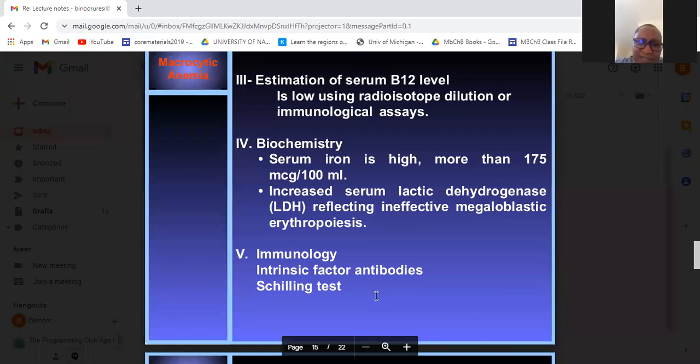Then you do other tests: B12 levels, folate levels. If you think about liver disease, do liver function tests. If you think about hypothyroidism, do T3, T4, and TSH. If you think about alcoholism, look for alcohol levels. If you think about aplastic anemia, do a trephine biopsy. If you think about a drug problem, do levels of drugs in the blood.